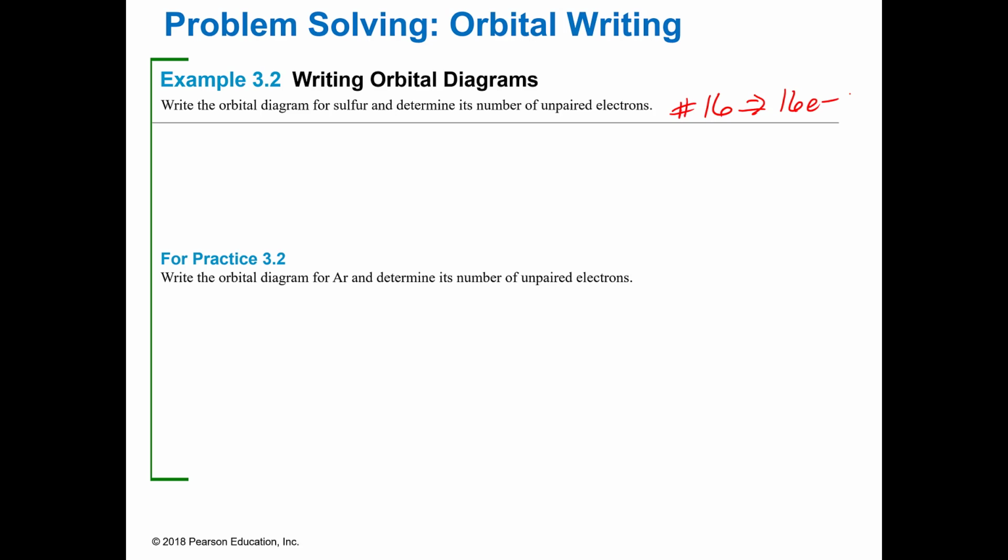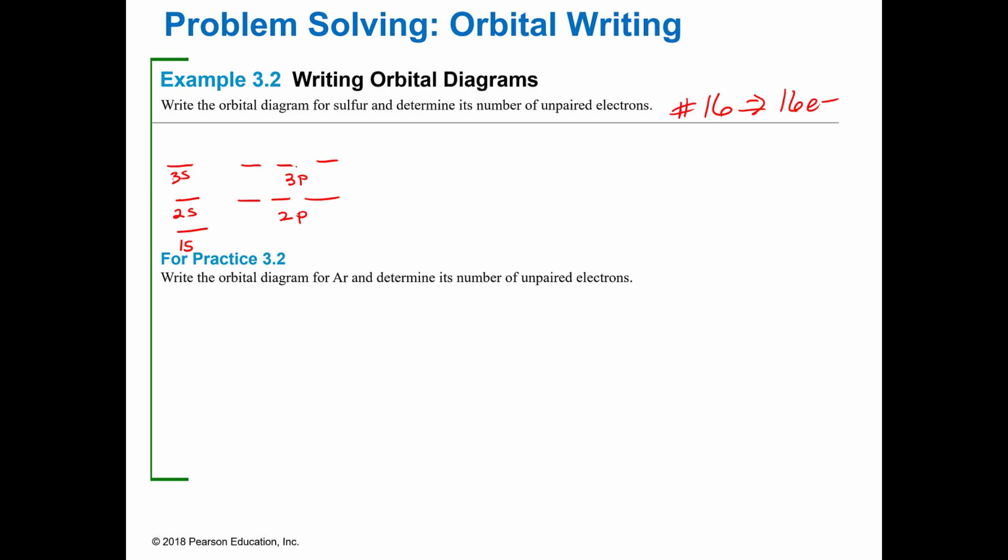But for the orbital diagram, if you're going to do it in order, then you're going to do 1s, then 2s, and then 2p. See, I'm doing it in the same order. Then 3s, 3p, right?